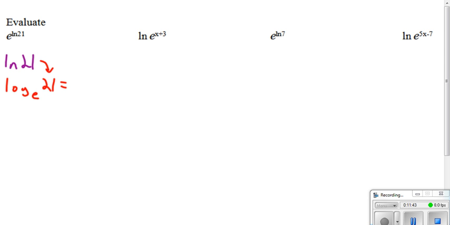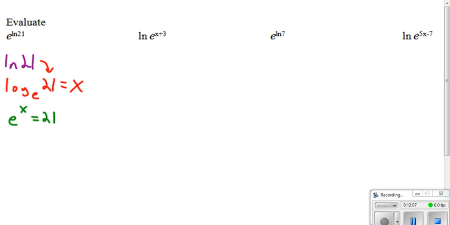Log base e of 21 is x. We don't know exactly what that x is. We could plug it into our calculator and find it out, but let's just think of this intuitively. If we change this to exponential form, we would say then that e to that number x is going to be 21.